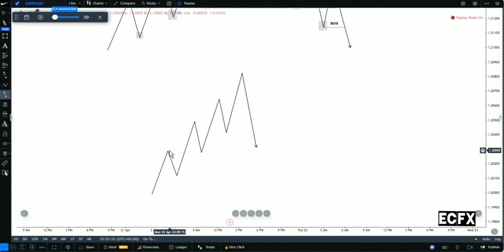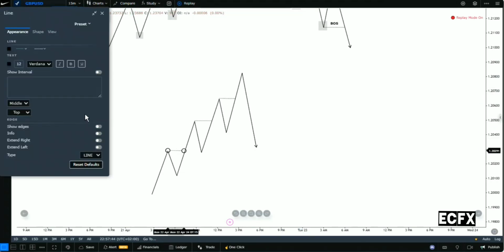So like I said, that signals to us that price is ready to either move into a new direction or the trend is weakening, right? So there's either a weakening in the trend or price is now ready to move or shift into a new direction. Right, so let me just label this out for you as well.